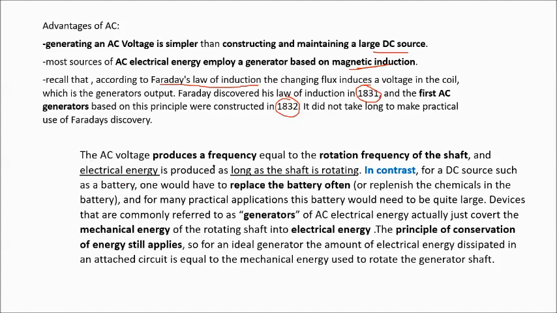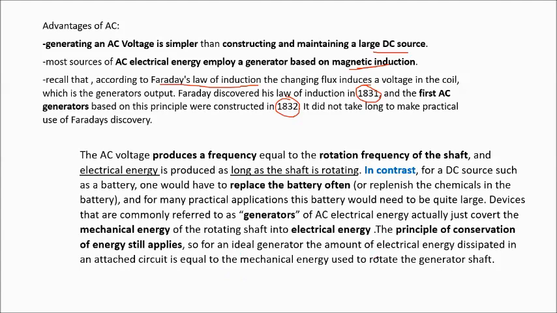AC voltage is produced with frequency equal to the rotation frequency of the shaft. In contrast, for a DC source such as a battery, one would have to replace the battery to replenish the chemicals when being used. And for many practical applications, this battery would need to be quite large to power large cities.